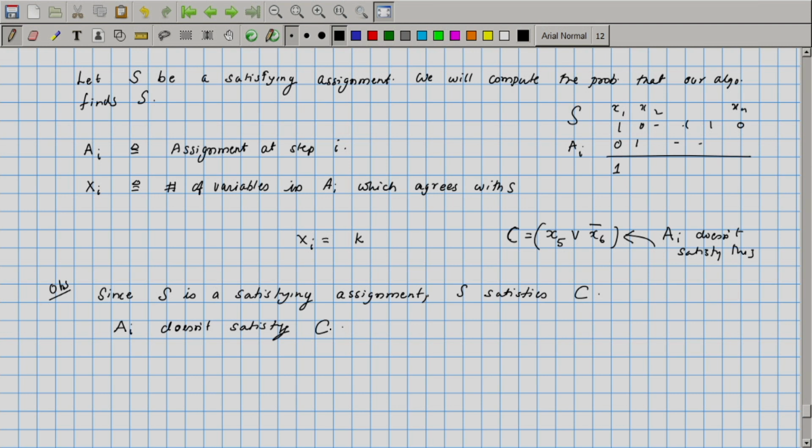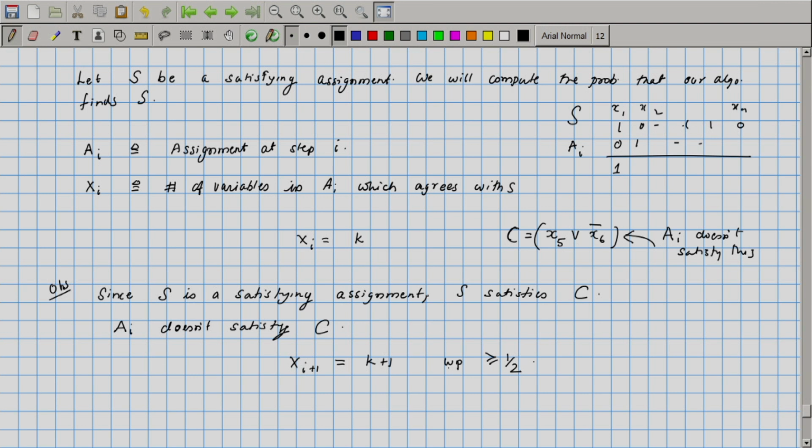at the next stage xi's value can go from k to k plus 1. So, xi plus 1 can be equal to k plus 1 with probability greater than or equal to half.